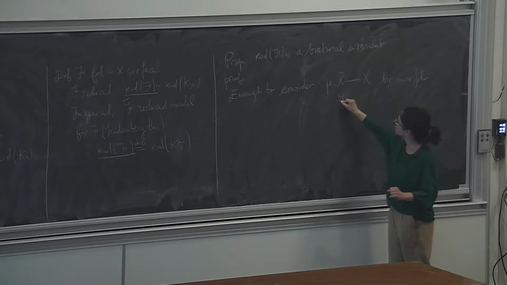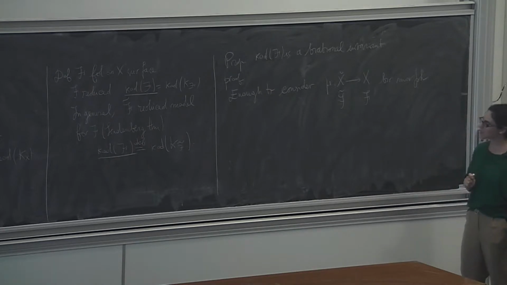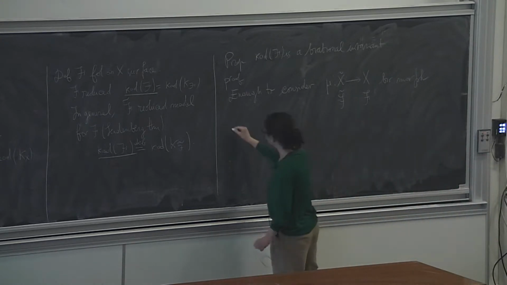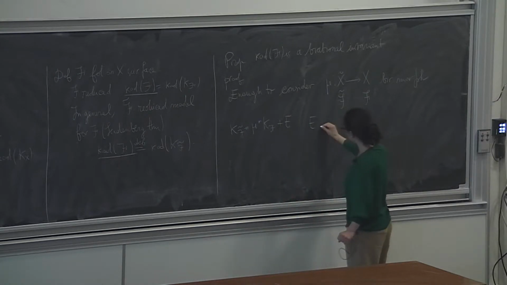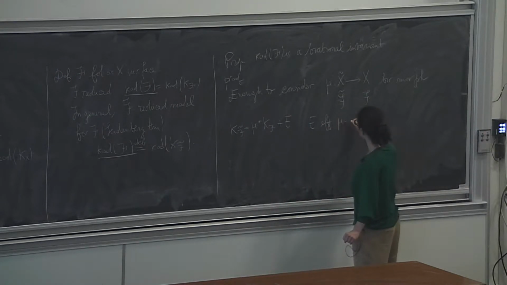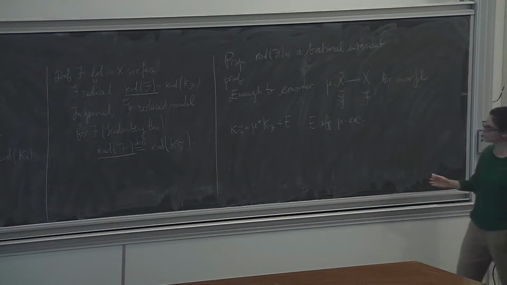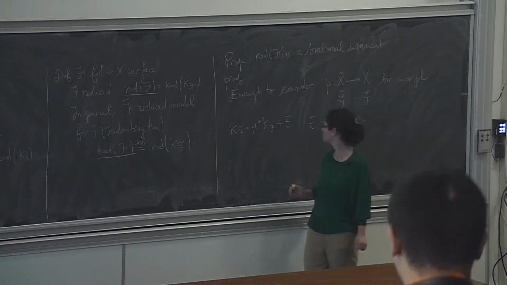So we have F tilde and F. And I told you that with the local form of reduced singularities, one can prove that the canonical of F tilde is the pullback of the canonical of F plus E, an effective mu-exceptional divisor. And now we want to compare the global sections of K_F tilde with the global sections of K_F.